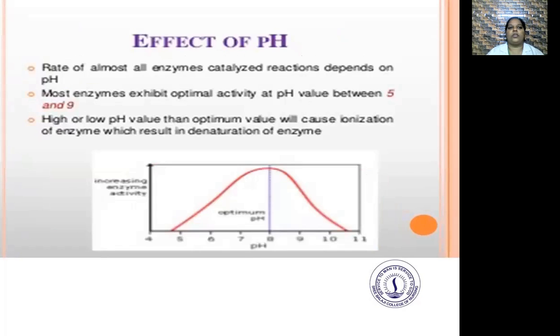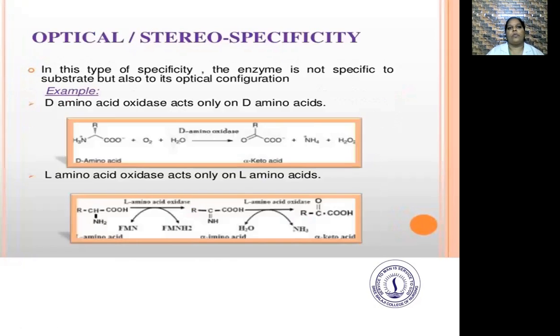Effect of pH. The rate of almost all enzyme-catalyzed reactions is dependent on the pH. Most enzymes exhibit optimal activity at pH values between 5 and 9. A high or low pH value beyond the optimum will cause ionization of the enzyme, which results in denaturation of the enzyme.